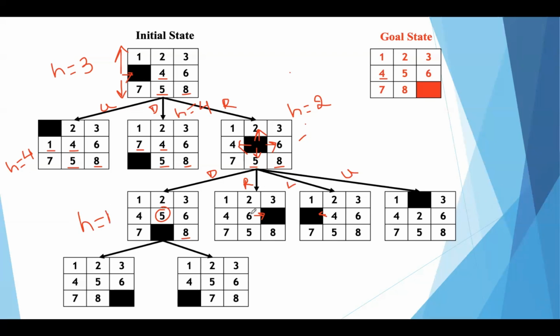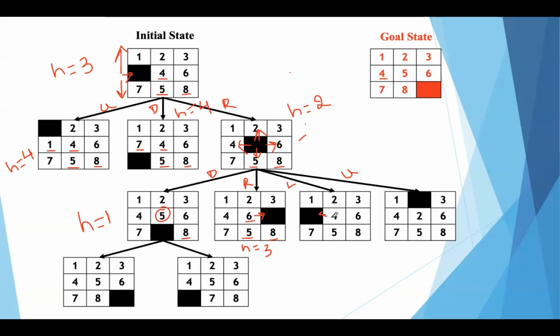Next, come to the second one. So 1, 2, 3, 4, 6 is misplaced. Then 7 in right position, 5 is misplaced, 8 is misplaced. So what is heuristic value for this? H equal to 3. 3 misplaced tiles.